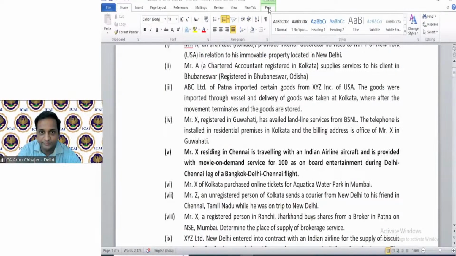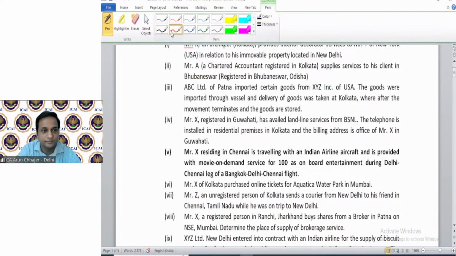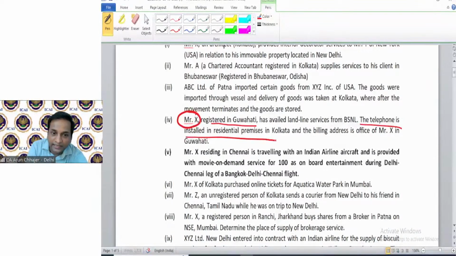Next question. Mr. X is registered in Guwahati and has availed landline services from BSNL. The telephone line is installed in the residential premises in Calcutta, and the billing address is the office of Mr. X in Guwahati.